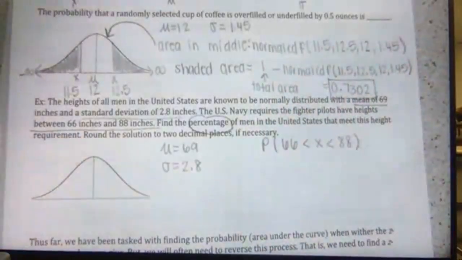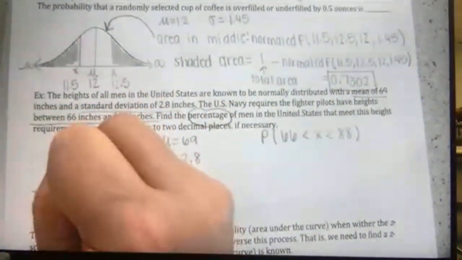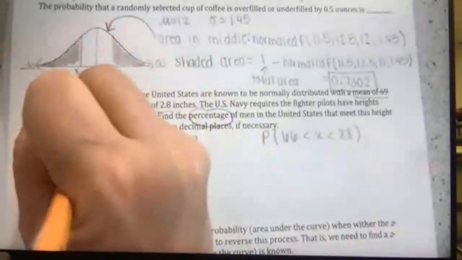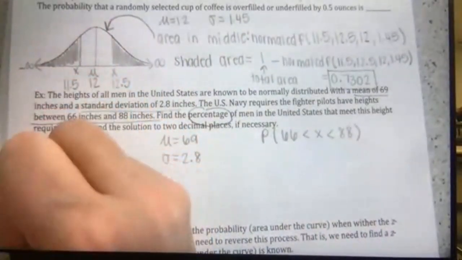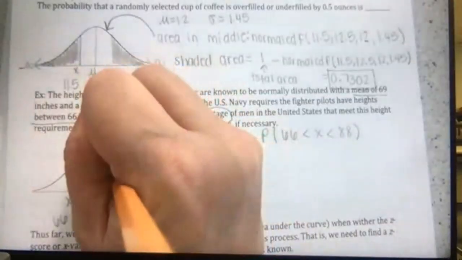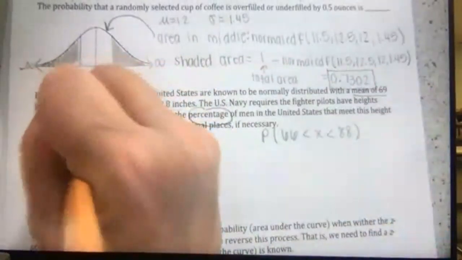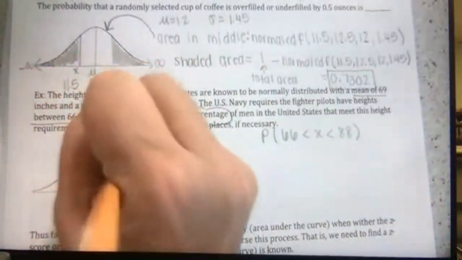Same thing like we've been doing. In the middle is our mean, which is 69. Our X value of 66 is less than that 69. Our other X value, 88, is greater than that, on the right-hand side. We're trying to find the area between the two.